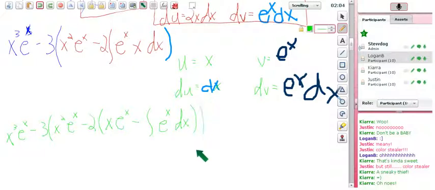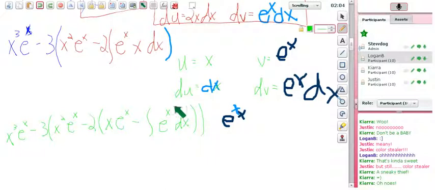What's the integral of e to the x dx? We've actually been finding it this whole time over and over. Yes, e to the x. Whoa.